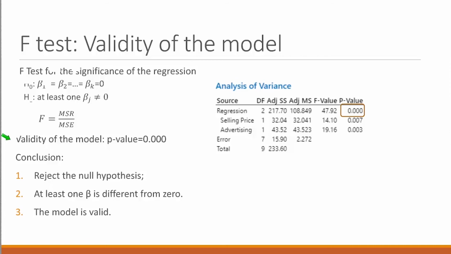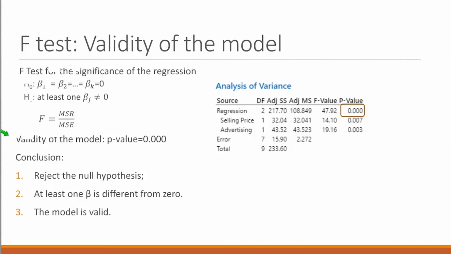The p-value for this f-test is listed right here in the analysis of variance table I was talking about. You want to look at the p-value for regression, not anything else at the bottom. The p-value for the regression is 0, which is a good sign, meaning that we can reject the null hypothesis and claim that the model is valid.